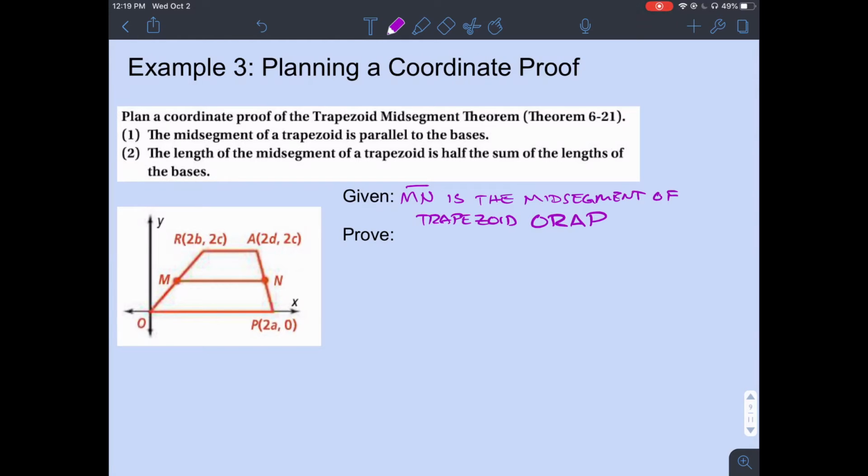We're trying to prove the trapezoid midsegment theorem, which means that this has to be the midsegment. So we're trying to prove two things. The first one is that MN is parallel to the bases. So that means it's going to be parallel to OP, and that MN is parallel to RP, or RA, excuse me.